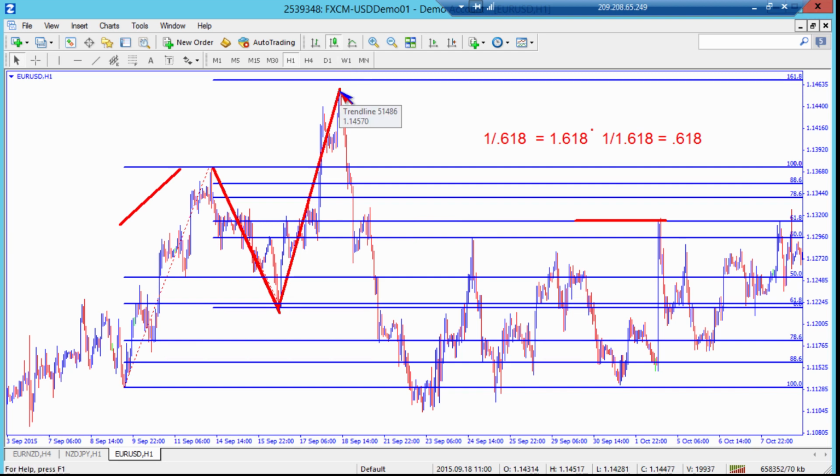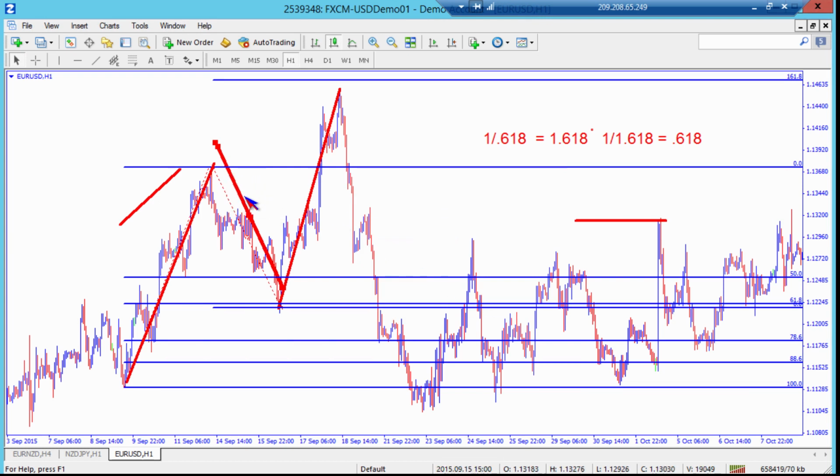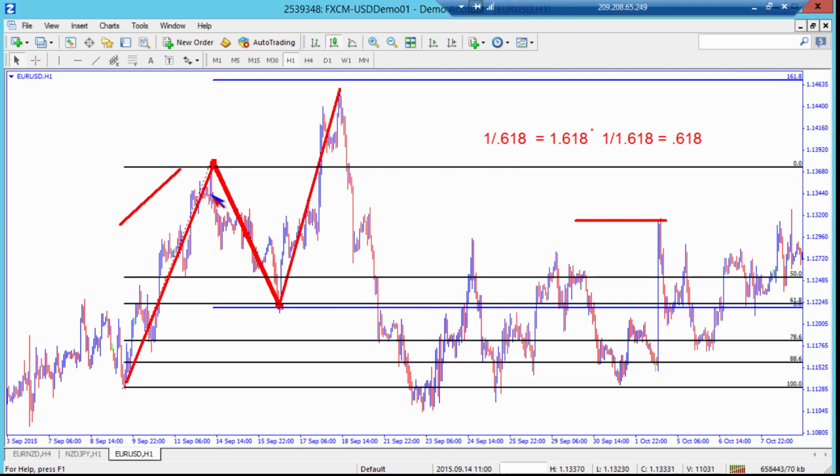The move up is the inverse of the 0.618.